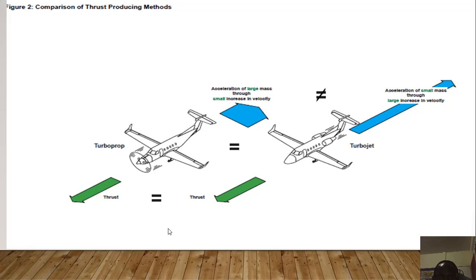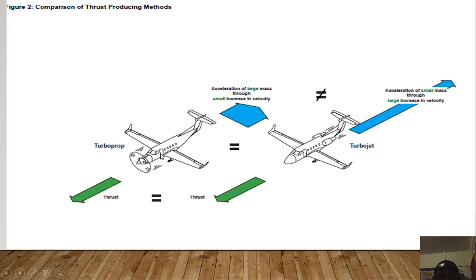So we look at this comparison of thrust producing and torque producing. We see this example. Torque producing is acceleration of a large mass through a small increase in velocity.